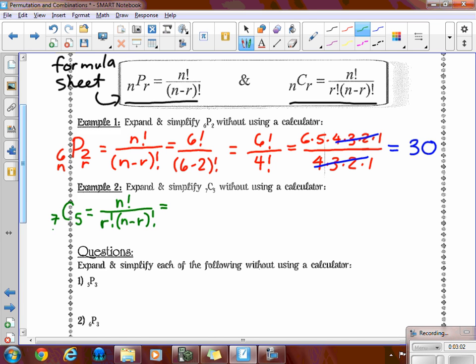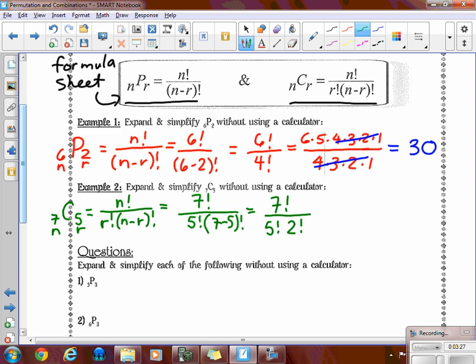So over here, this is my n, this is my r. So it's going to be 7 factorial over 5 factorial, and then 7 minus 5 factorial. We can clean this up a little bit. 7 factorial over 5 factorial, 2 factorial.